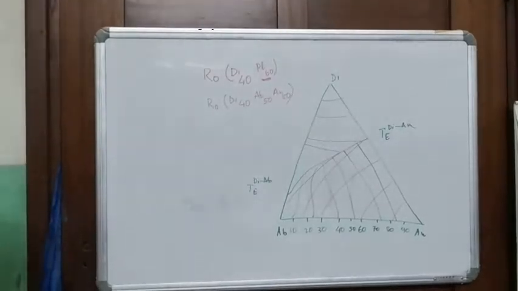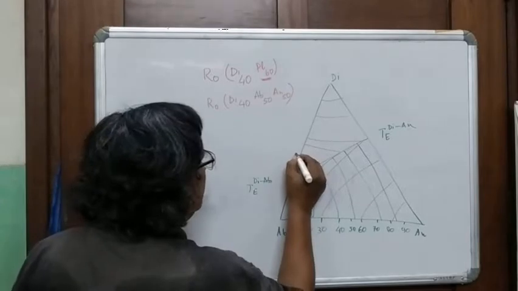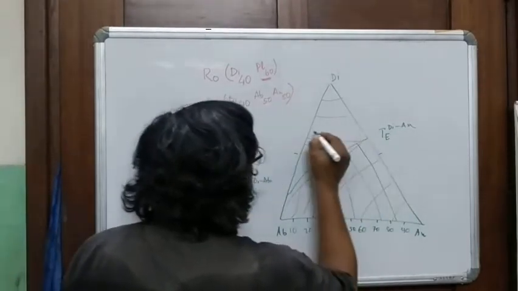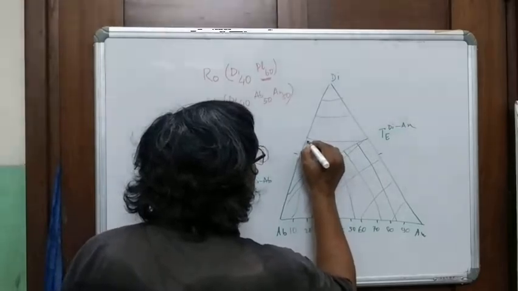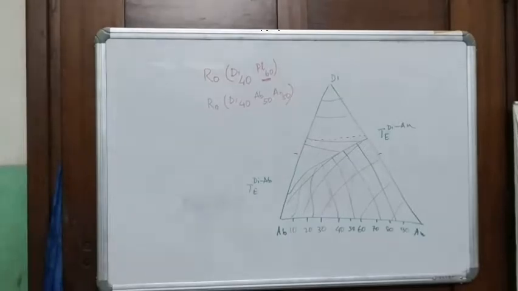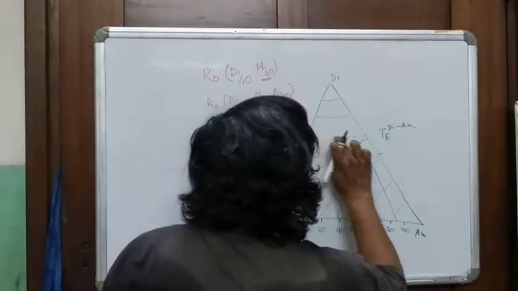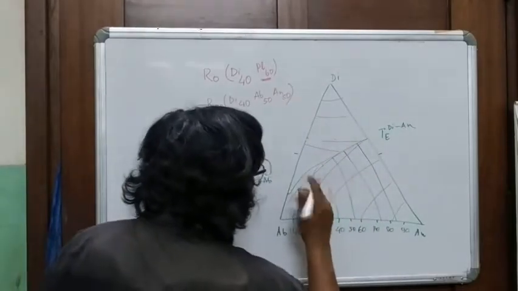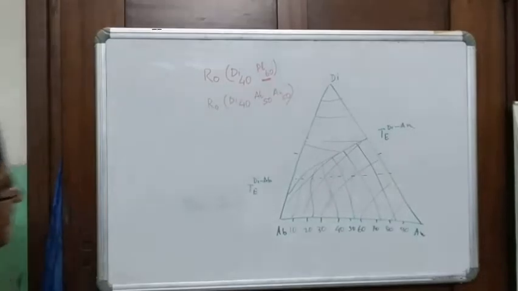So how do I plot the point? Diopside 40. So it's graduated. This is roughly diopside 50, so diopside 40 will be somewhere here. So I draw a line like this, which is diopside 40.